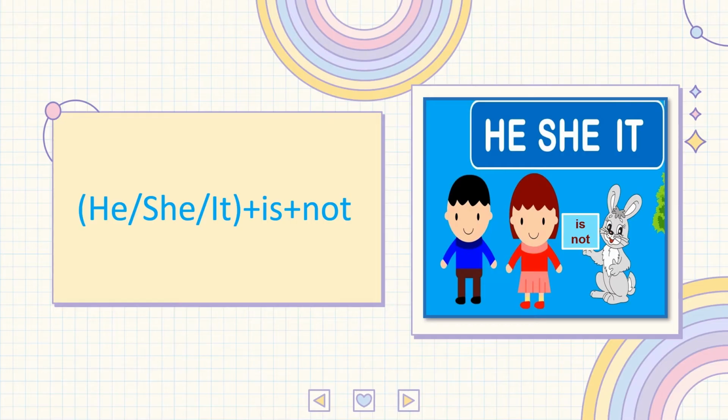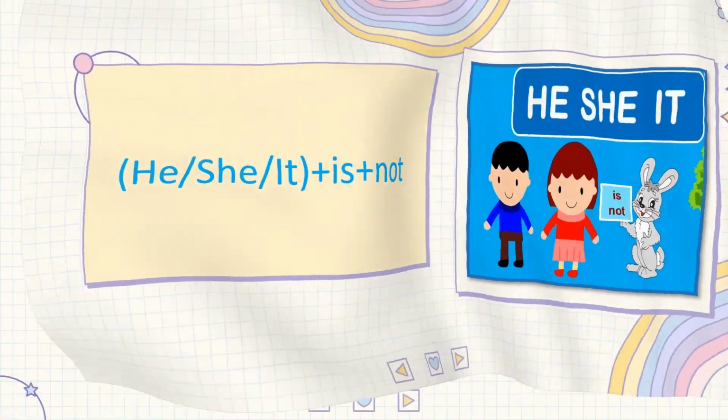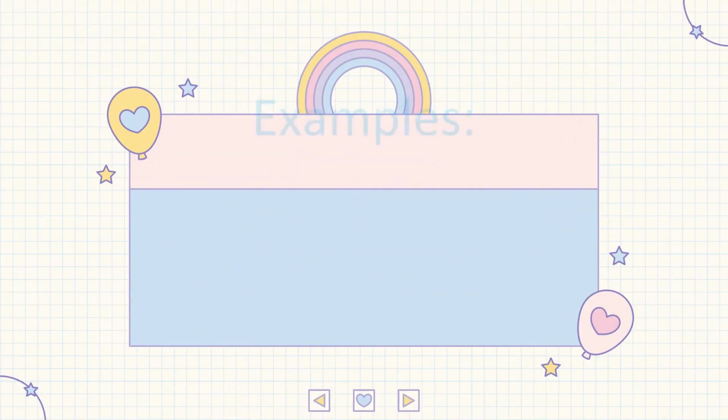He, she, or it is not. He is not. She is not. It is not. Examples: He is not there.